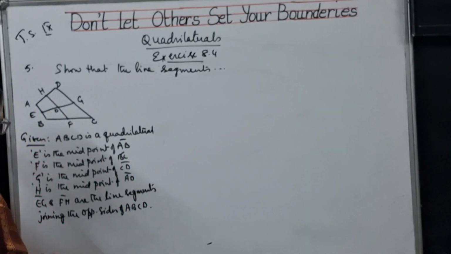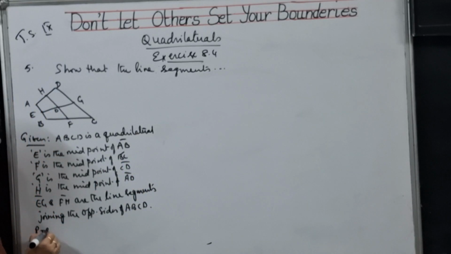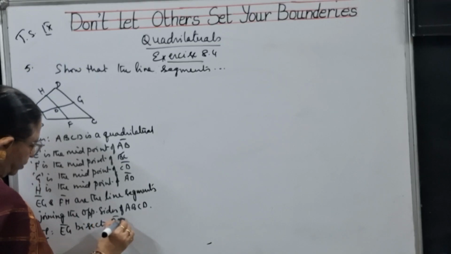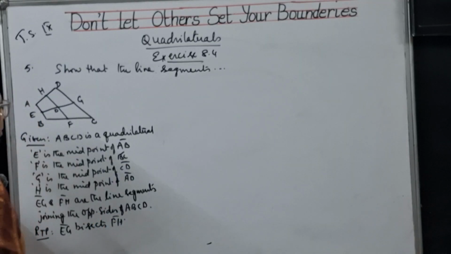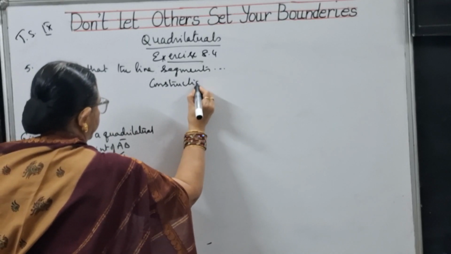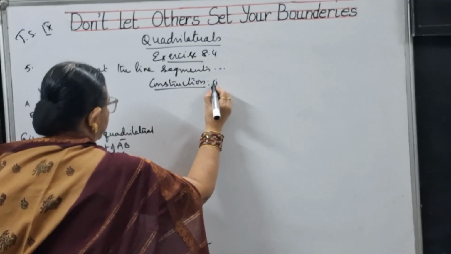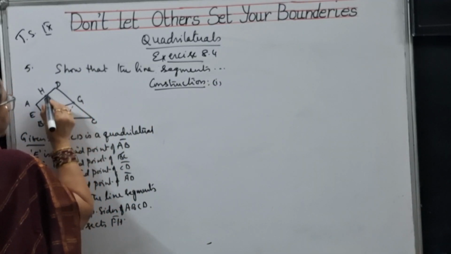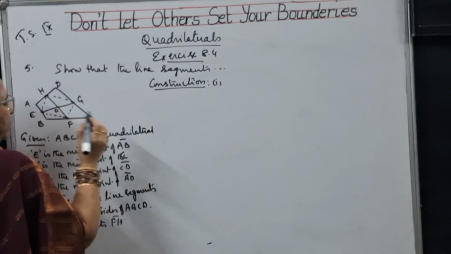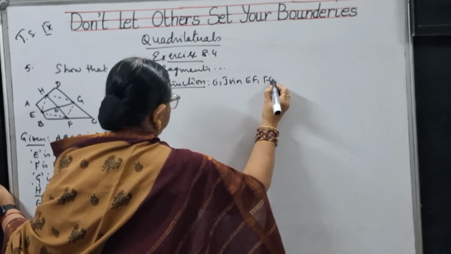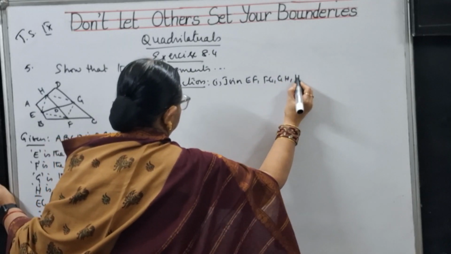Now, what is to prove? We need to prove that EG bisects FH. This you have to prove. And there is a construction. What is the construction? First you have to join EF, FG, GH, HE.